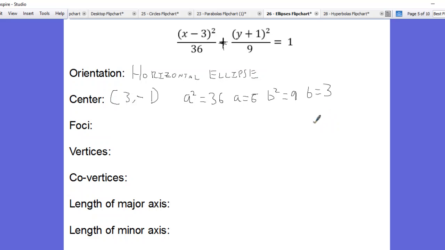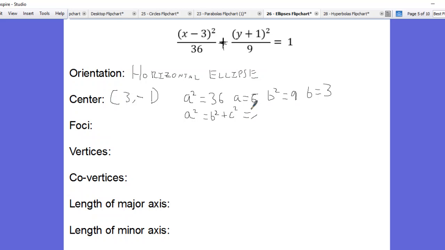Now, we use our Pythagorean relation. Our Pythagorean relation for an ellipse is that a squared is equal to b squared plus c squared. That's the Pythagorean relation for an ellipse.